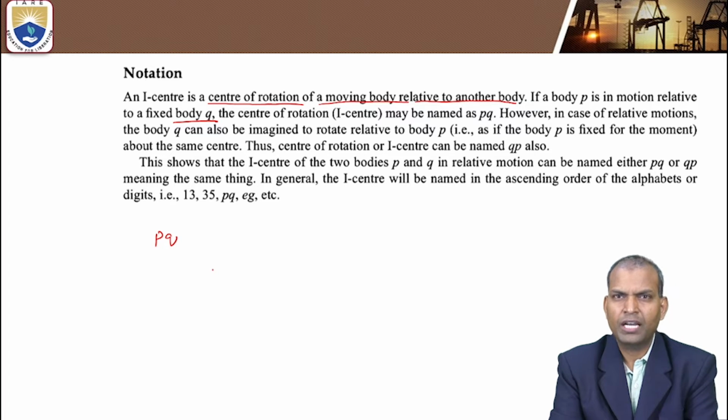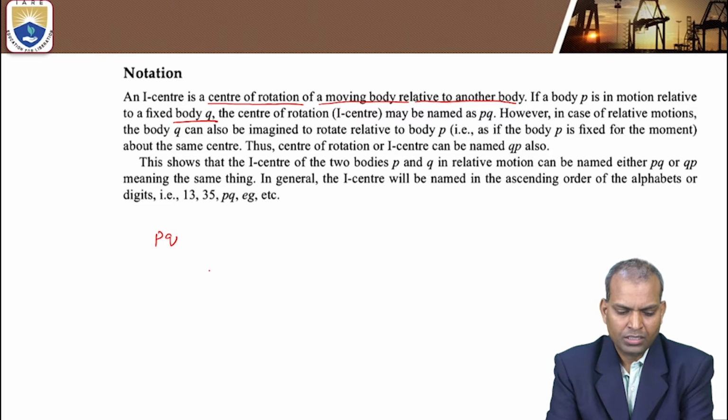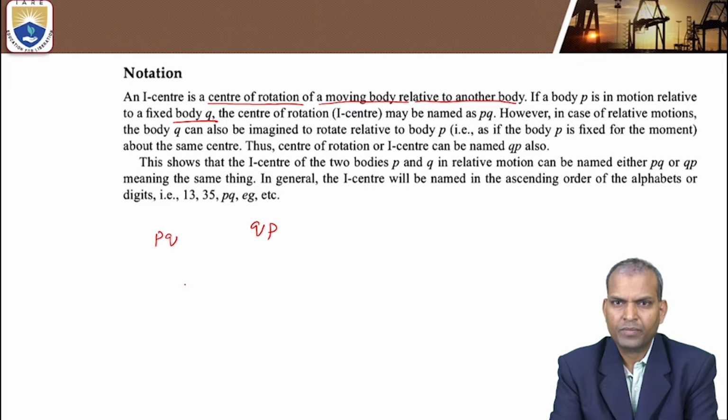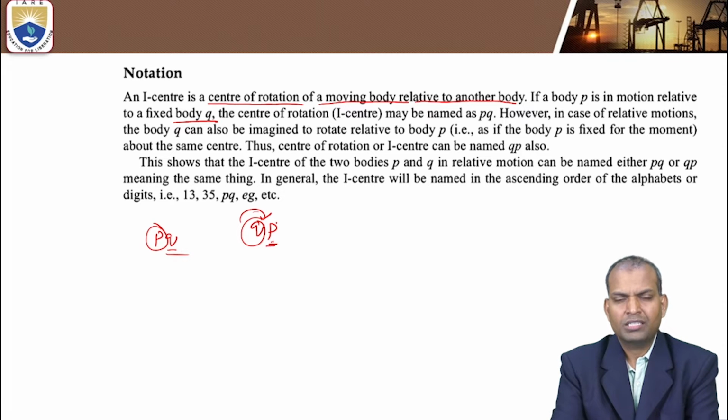In case of relative motions, the body Q can also be considered to rotate relative to the body P. Then the notation is QP. PQ means the I center of rotation of P in relation to Q, and QP means rotation of Q in relation to P, with P remaining fixed. In that manner, we notate the I centers.